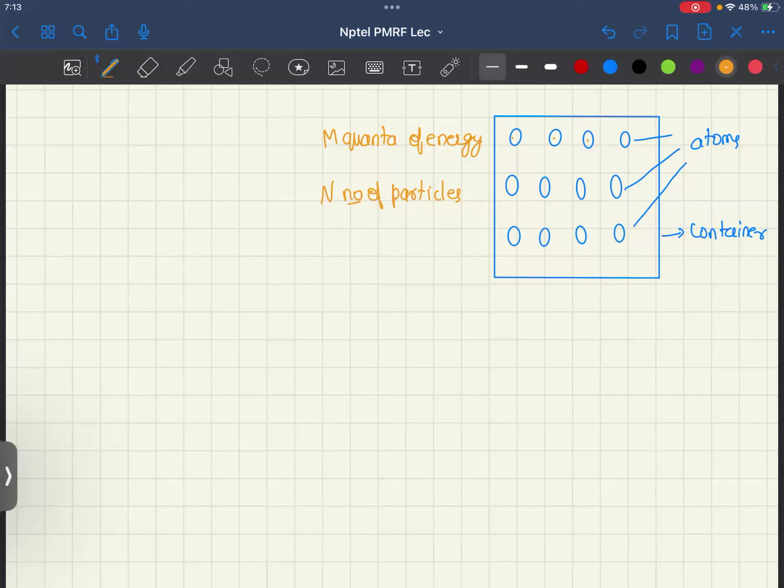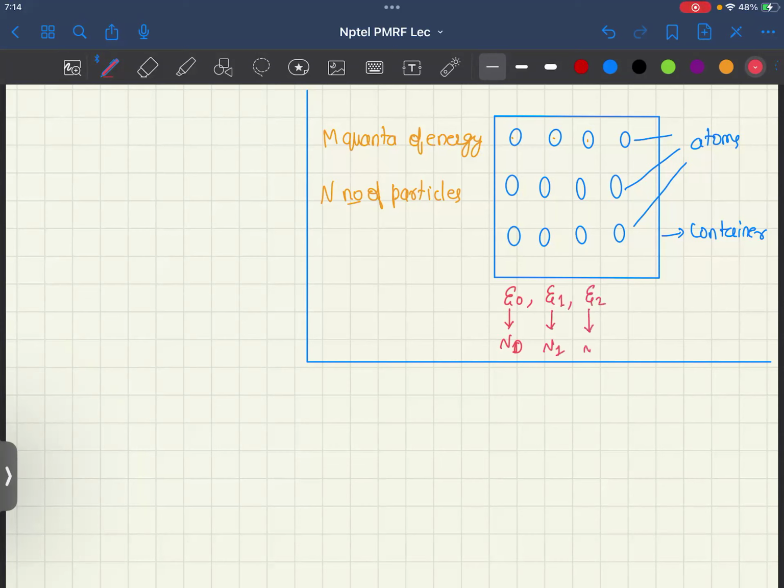Okay. So now what we will assume is that epsilon 0 amount of energy is given to the n0 type of particle. Epsilon 1 has been provided to n1 particles.